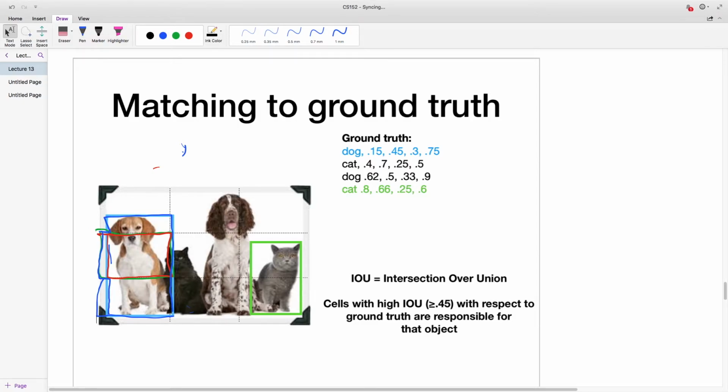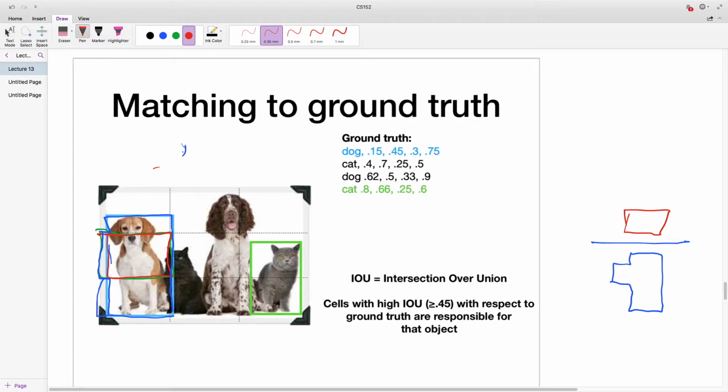Is that right? So the intersection over union is basically a fraction of the red over the blue. So if we had a 1, we're perfectly aligned. If we have a 0, there's no overlap. And it gives us some idea of how much overlap that is.